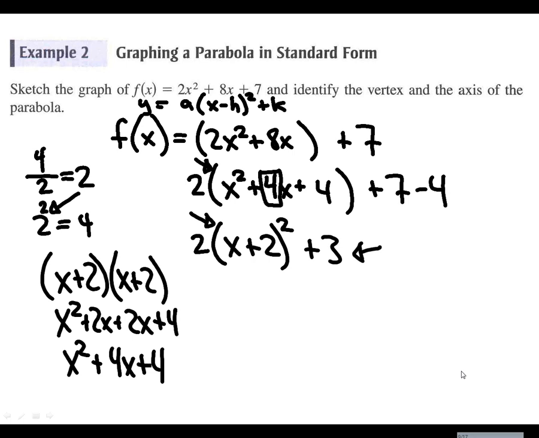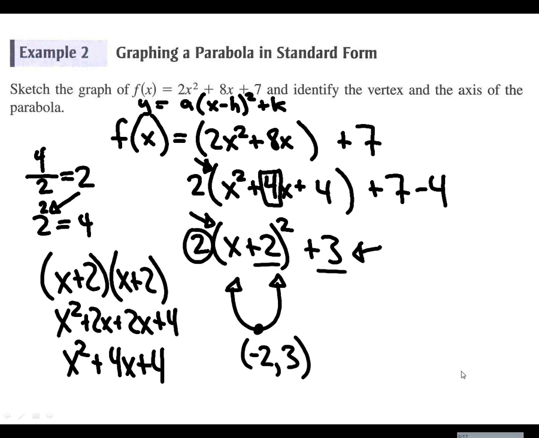If we go ahead and take a look at this, we can identify the vertex and the axis of the parabola. This parabola is going to open up. I know that because 2 is positive. And I know that my vertex is going to be at negative 2, comma, 3. It's going to be at h, comma, k.